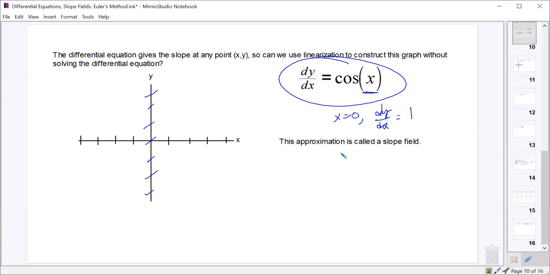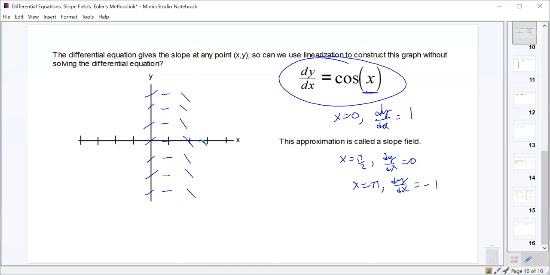And we could just continue on saying, all right, well, what about when x is pi over 2? dy/dx would be 0. And at x equals pi, it would be -1.